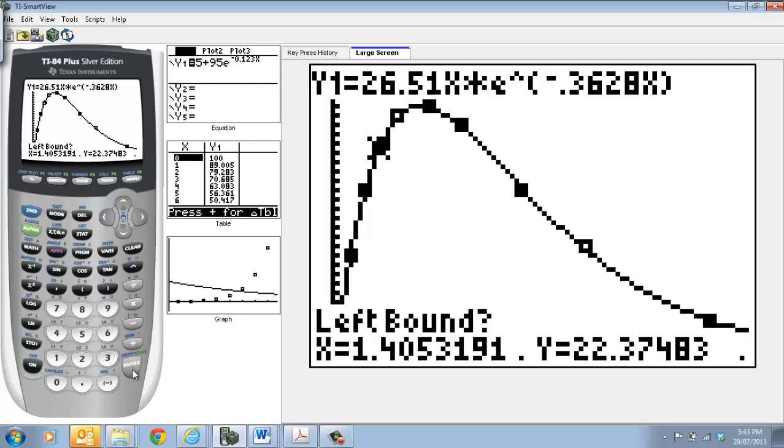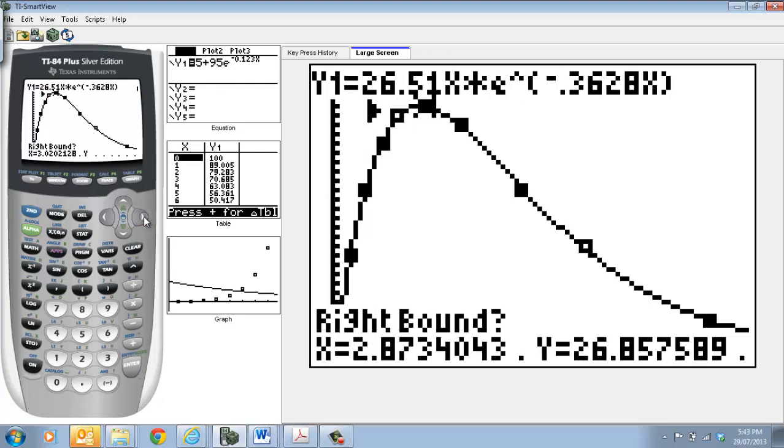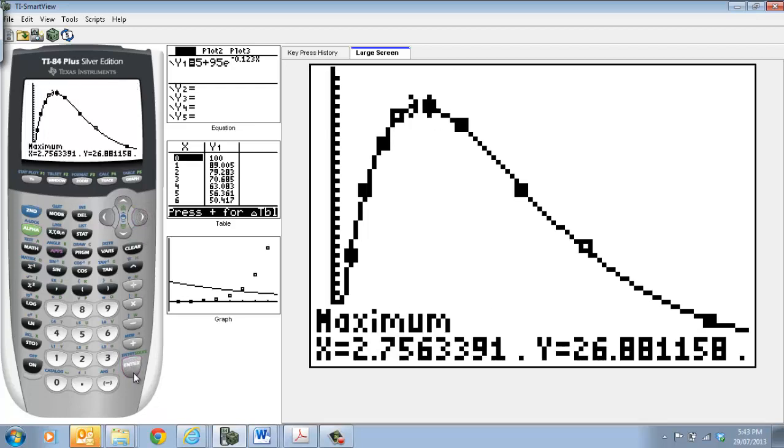Right, and go enter, go to the right hand side of that. You can either scroll across or just type in a value, that will do. Enter, so we know it's going to be most effective. We get a level of 26.88 when it's 2.76.